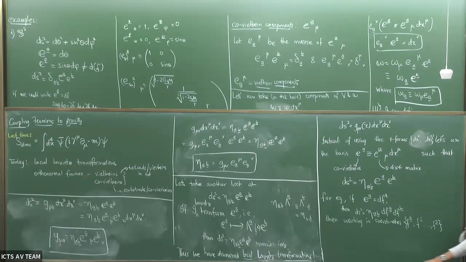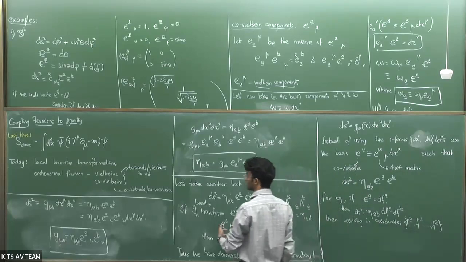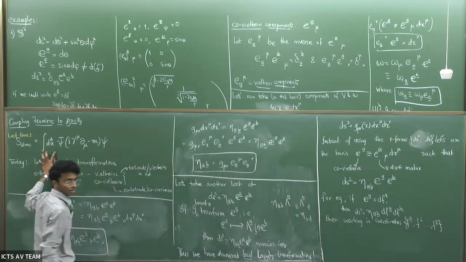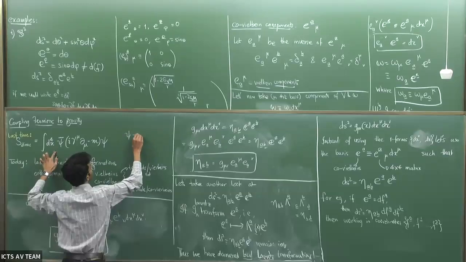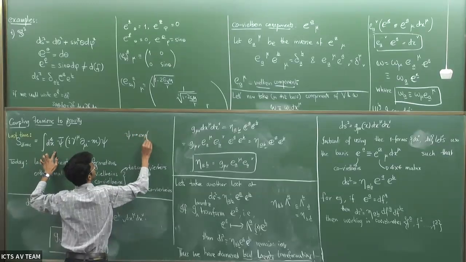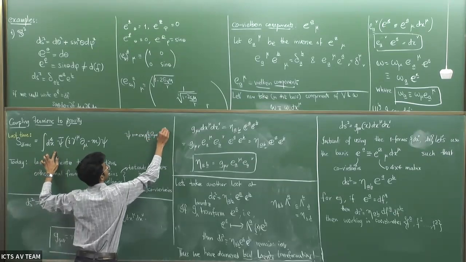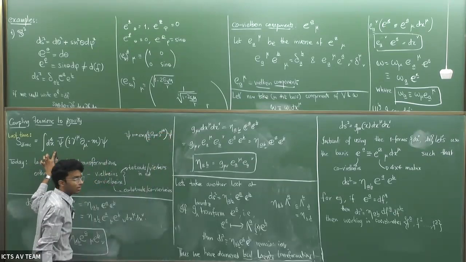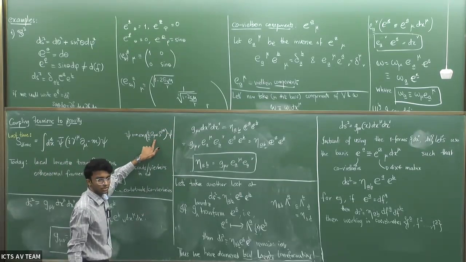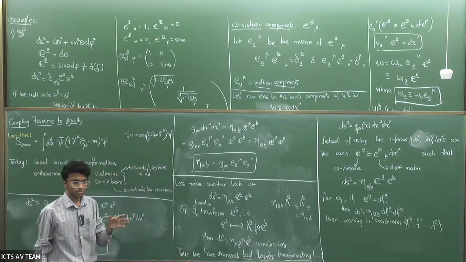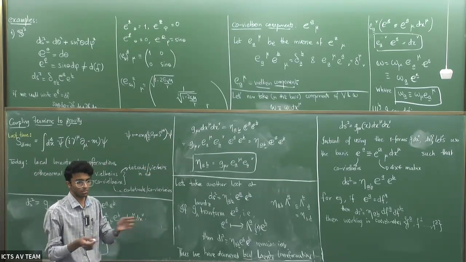Yeah. So remember that last time when we wrote this down, how did psi transform? Psi transformed as exponential of i over 2 omega mu nu S mu nu, acting on psi, right? This was not a function of x. I told you this was just some boost and some rotation. It was just some numbers. I give you a velocity, I give you an angle.